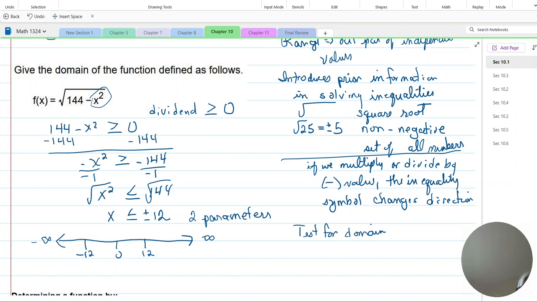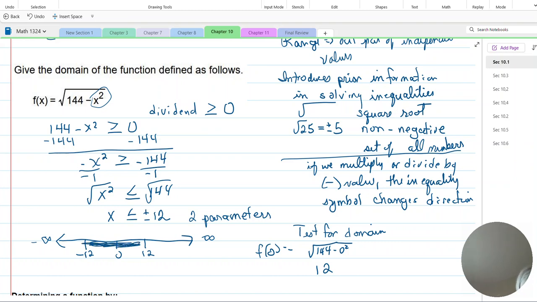In other words, what makes it true? So I'm going to use a number, right? So I'm going to use 0. So I'm going to have the square root of 144 minus 0 squared. So that gives me 12, because that's the square root of 144. So that works.